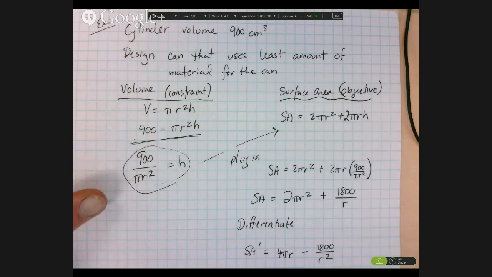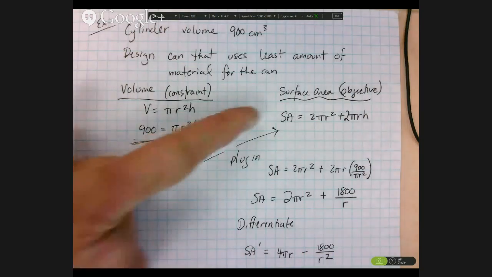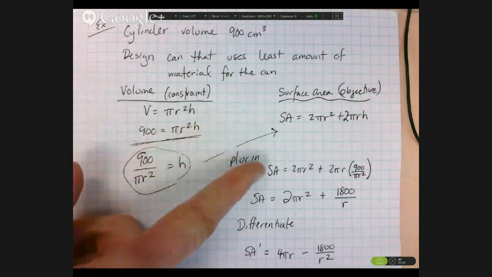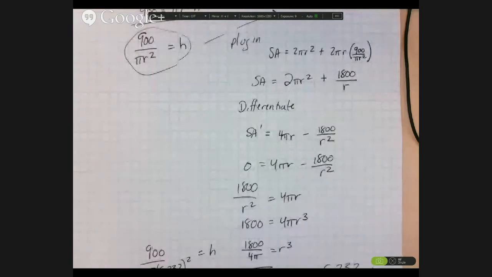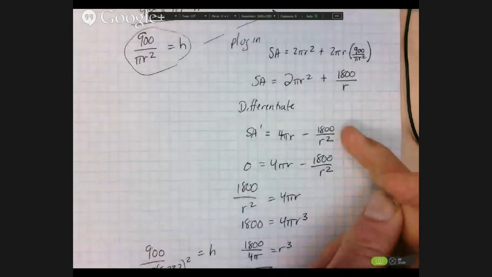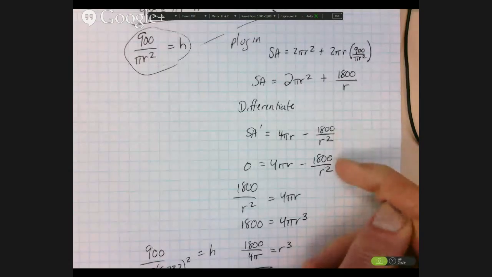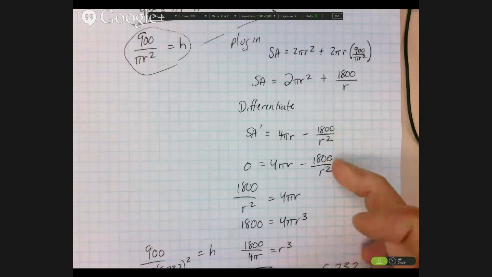And then you rearrange for h, and you plug that into the objective equation. You simplify and then you differentiate for surface area, and you get 4 pi r minus 1800 over r squared. And you set that equal to 0.